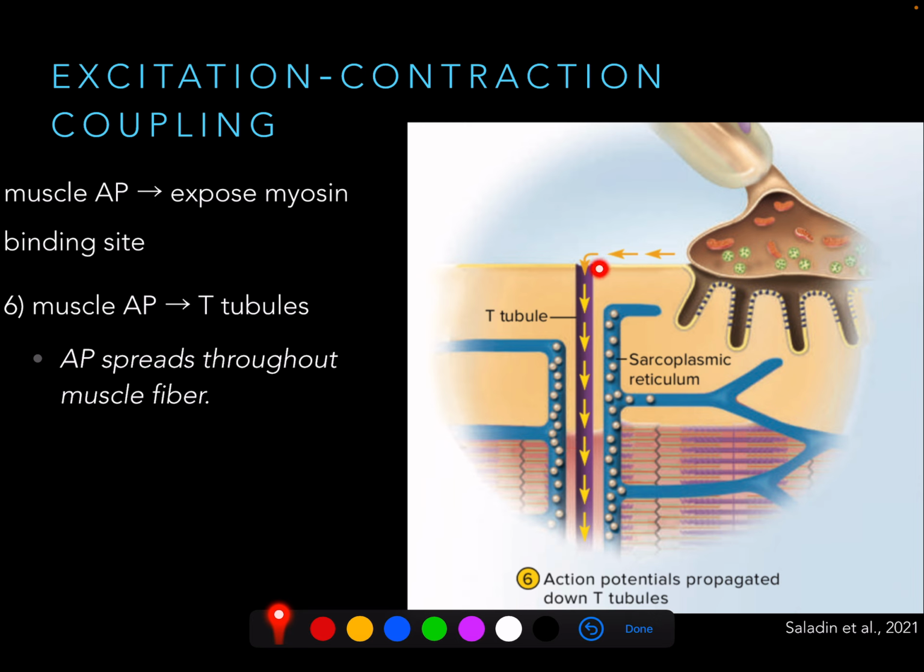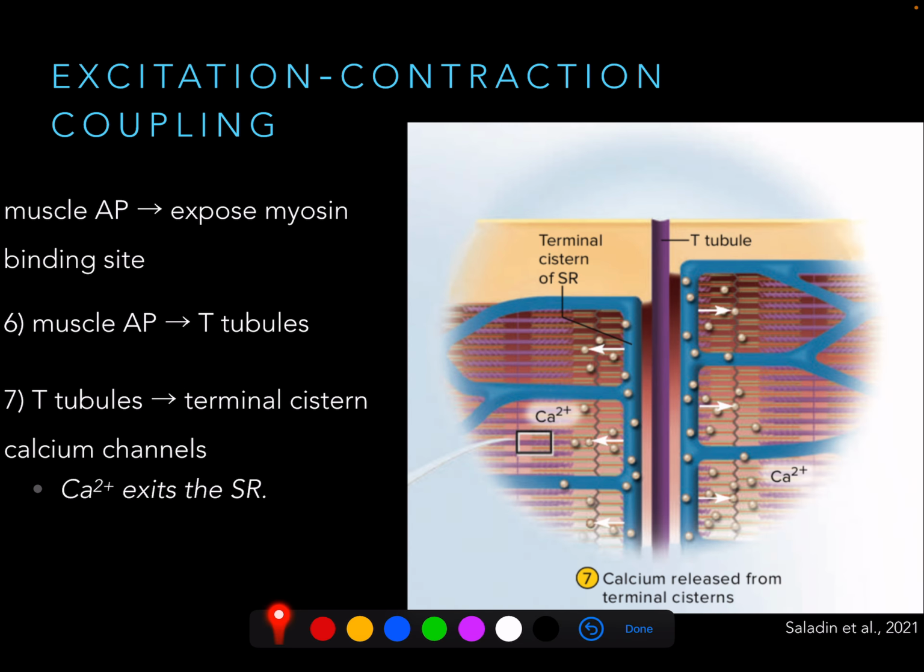Now, of course, in muscles, we have those transverse tubules that bring the surface down deep into the muscle. And so now all of the muscle, both the surface and the inside of it, are depolarizing. That depolarization then spreads into the sarcoplasmic reticulum. And of course, we remember this is where we have our store of intracellular calcium.